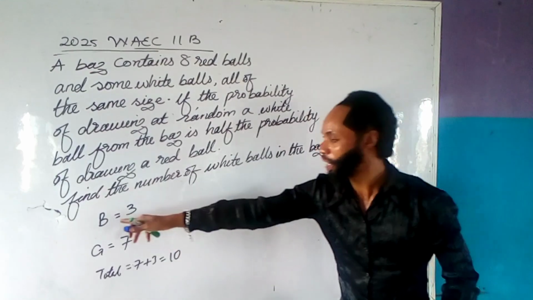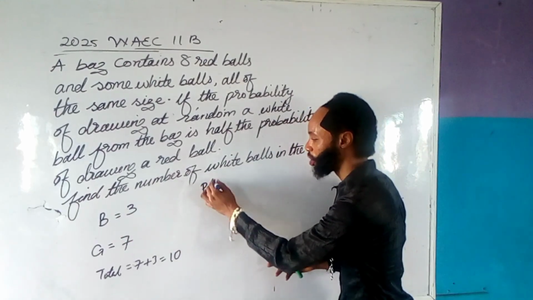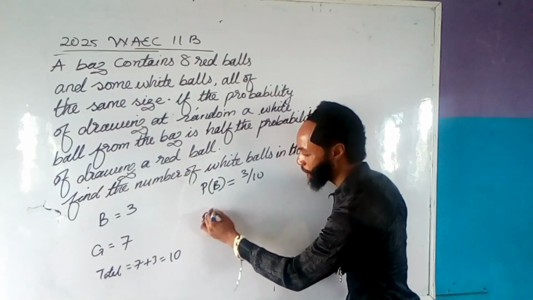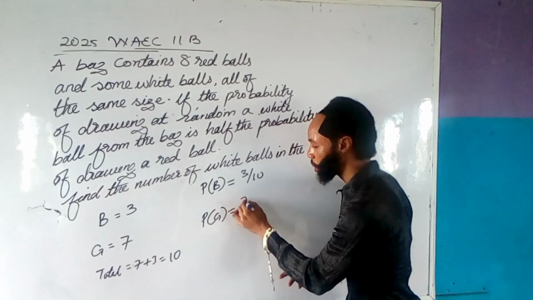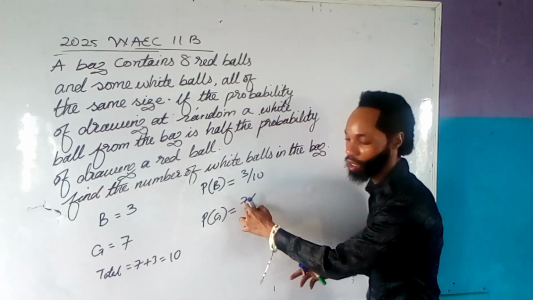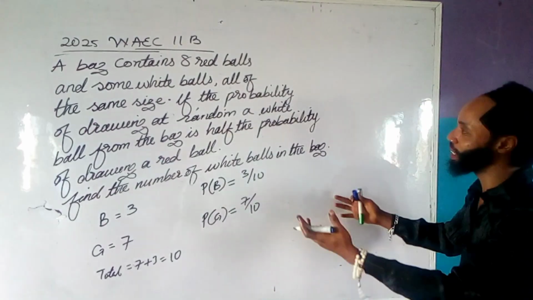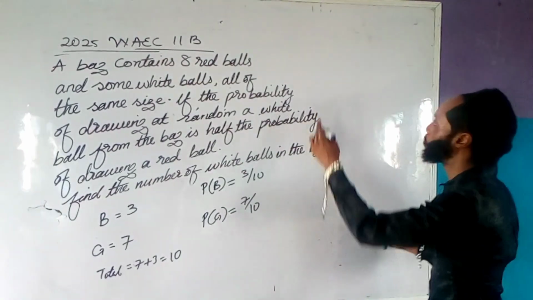The probability of picking a blue ball is 3 over the total. The probability of picking a green is 7, the total number of green over the total number of balls. This is probability.